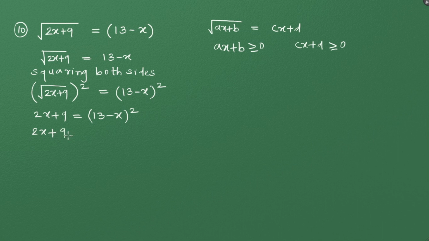Simplifying further, 13 minus x the whole square, you can apply the formula a minus b the whole square. This will give 169 minus 26x plus x square.